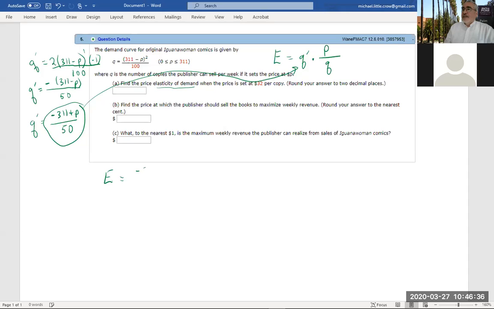So we're going to do -311 plus P over 50 times P, which is this one, over Q. So then we get 311 minus P squared over 100.